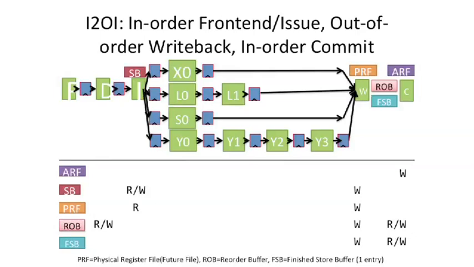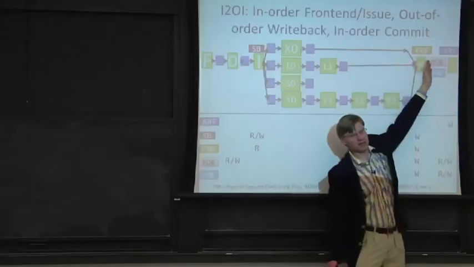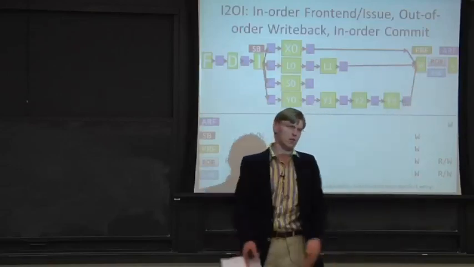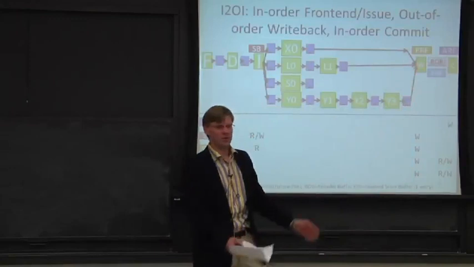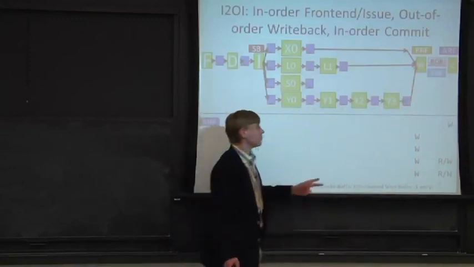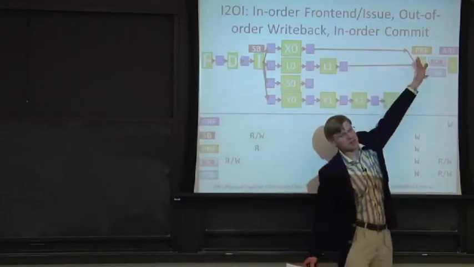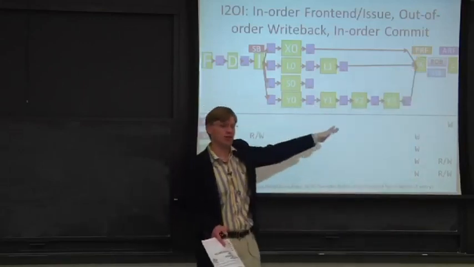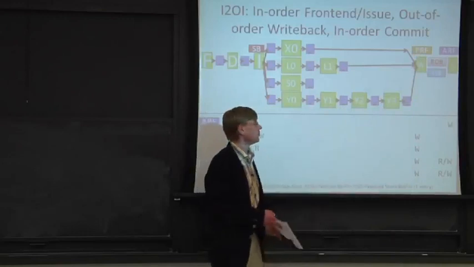And the reason it's called a future file is it's basically executing speculatively in the future. The values in here have not been committed to the processor. They can be thrown out if you take an exception, if a branch happens, for a variety of reasons. These are speculative. You're not guaranteed to actually have to keep those. The architectural register file, though, is committed state.